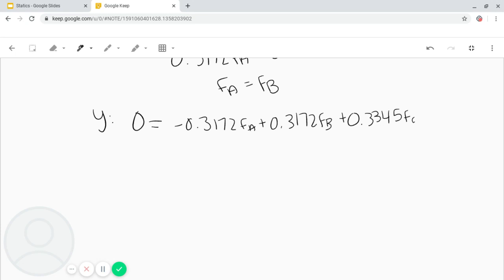So then we can replace either FA with FB or FB with FA. And in this case, I'll just replace FA with FB. It doesn't matter which one. And that comes from this relationship that we just found.